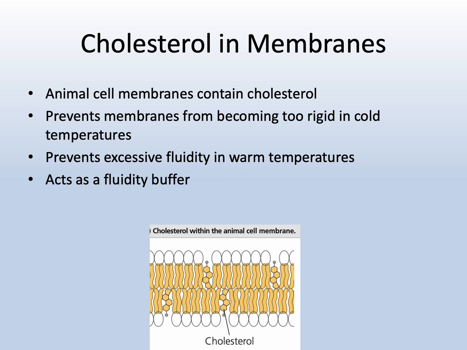Cholesterol prevents this by disrupting the tight packing of phospholipids, helping the membrane stay flexible. At warm temperatures, membranes can become too fluid, almost like they're starting to melt. In this case, cholesterol helps restrain phospholipid movement, preventing the membrane from becoming excessively fluid.